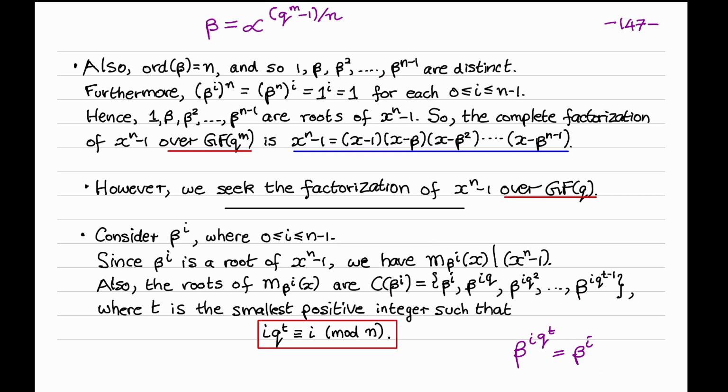Now, since beta has order n, this condition on t is equivalent to saying that t is the smallest positive integer such that i times q to the t is congruent to i modulo n.